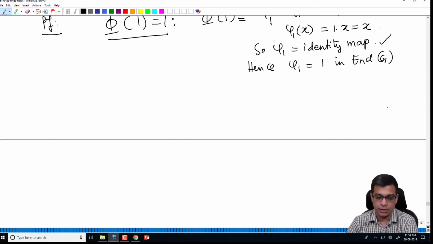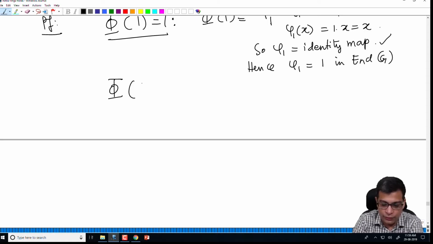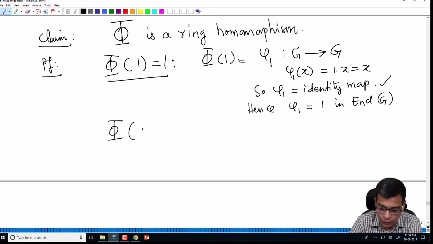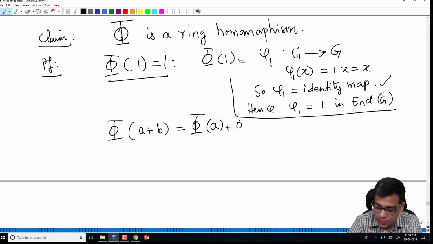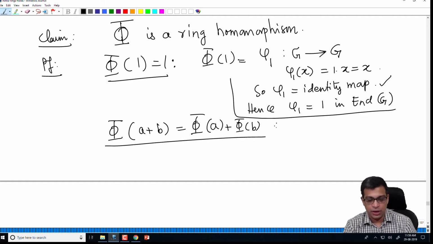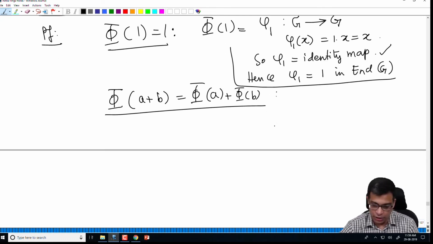So we check that. What is phi of A plus B? So that's done. The first part is done. The next part is to show the additive homomorphism structure. Capital phi of A plus B is capital phi A plus capital phi B. So let's check both of these sides.